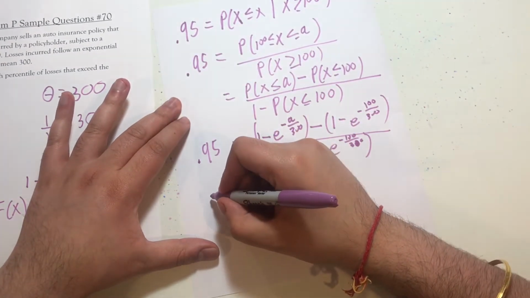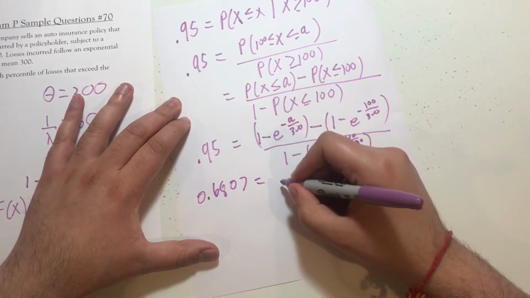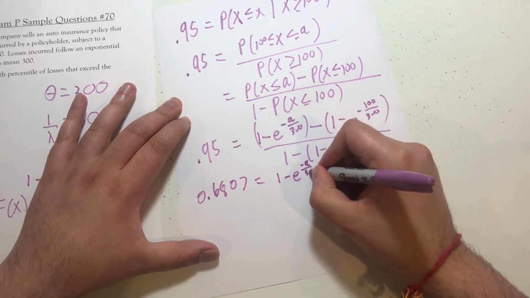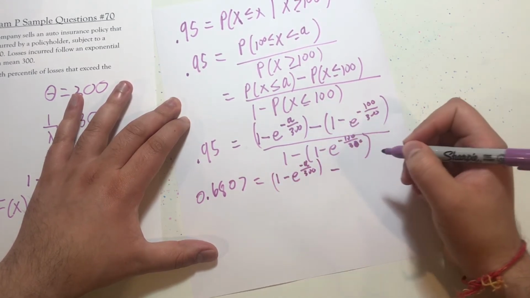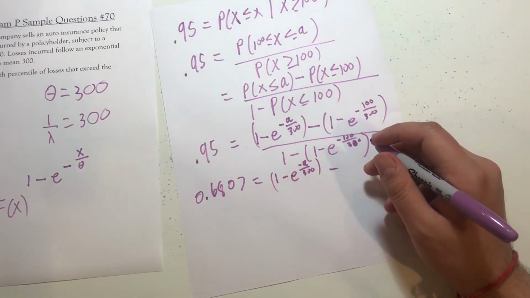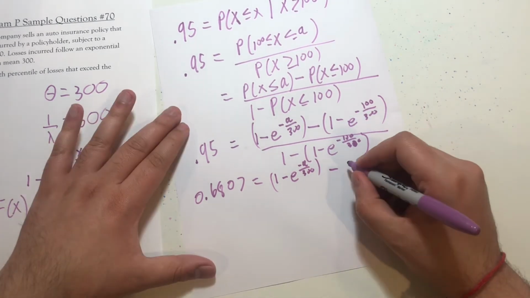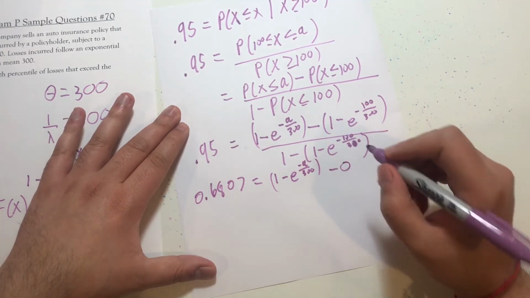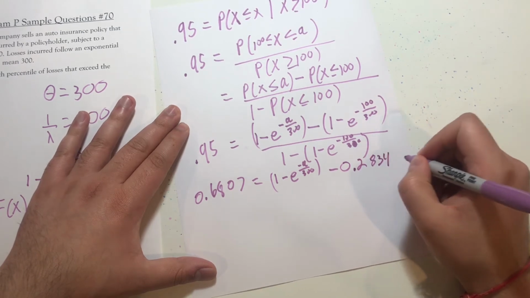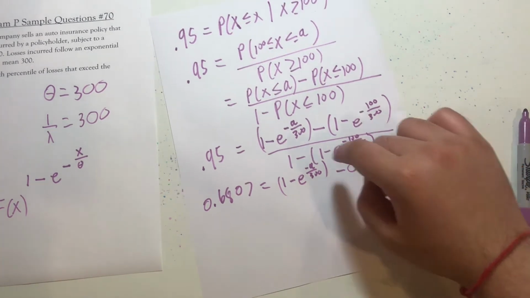And so far I've calculated this, 0.6807 is equal to 1 minus e raised to the negative a over 300 minus, this was, now although I'm writing down the rounded answers, in my calculator when I actually do the computation I'm using the solutions that the calculator gives me, just so I don't end up with a rounding error. 0.347.